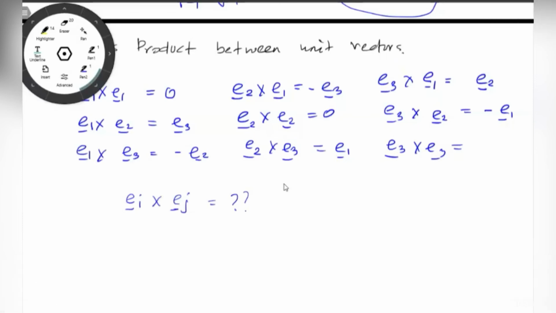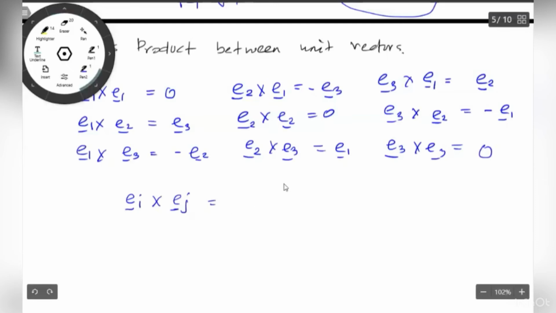Six of them are giving us a vector. These 0s are also vectors, called null vectors. And all the others are giving us one type of unit vector. So for this, let me go directly to the answer.